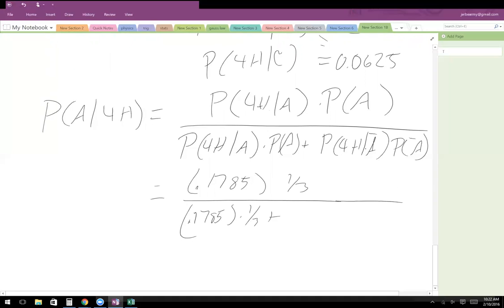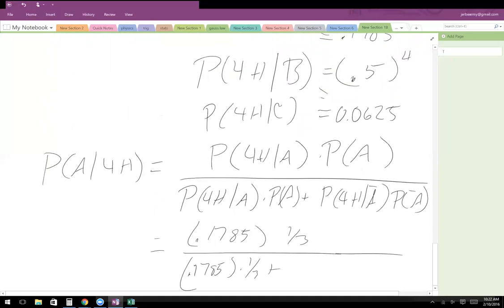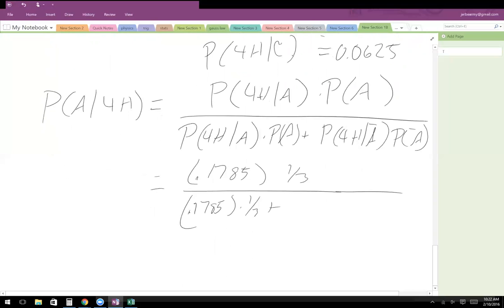And then since both of these two are the same, if they weren't the same, you'd split them up and have 3 terms on the bottom, 1 for each case. But since they're the same, we can do them together. So the probability of 4 heads if you don't pick A is 0.0625. What's the probability of not picking A? Yeah, 2/3.